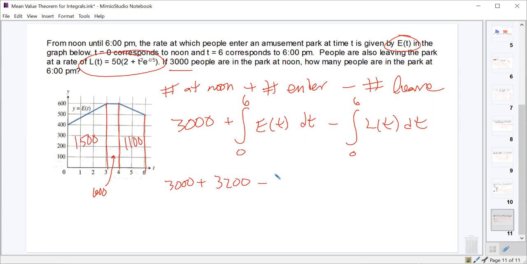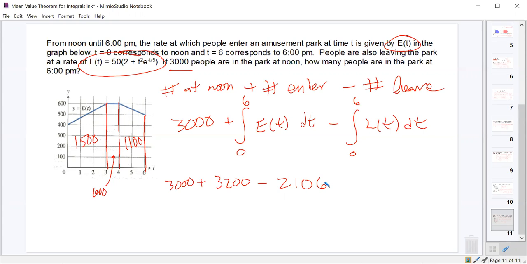And then minus whatever this integral is, and this integral will just pop into our graphing calculator. What do you get for this integral here? I got about 2106. 2106 point something. Does it round up to 2107 or is it 2106? 2106, it's 0.4. So we'll say 0.4 of a person is left.